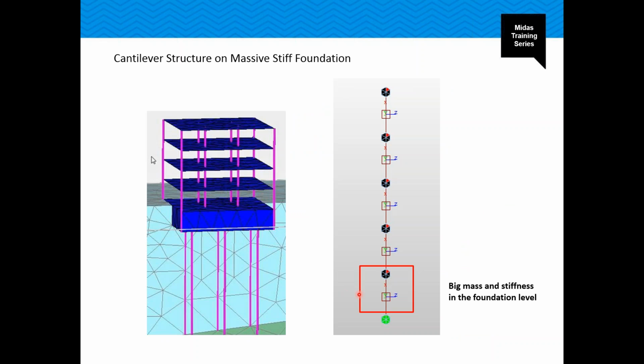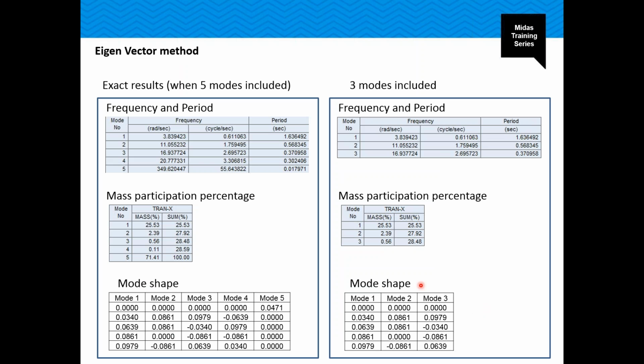This structure has 5 natural modes in the lateral direction. These are exact results for frequencies, periods, mass participation, and mode shape, which can be found by including all 5 modes in the eigenvalue analysis.